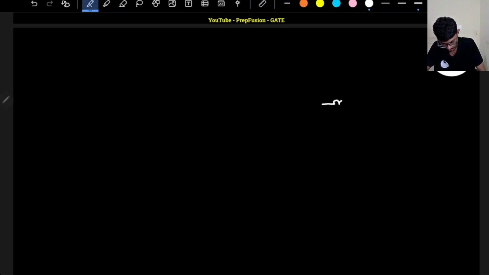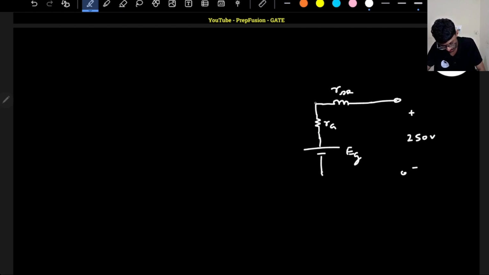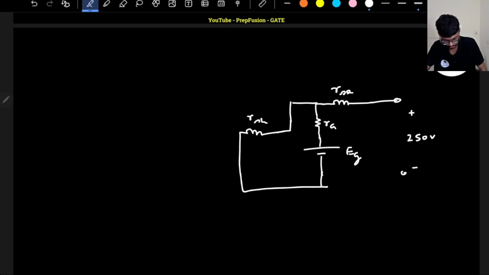I will have a series field RAC, this will be the load, that is 250 volts, and I will have this armature with its armature resistance, and I will have the generated EMF, EG. And it is a short shunt, so the shunt winding will be directly connected across the armature.